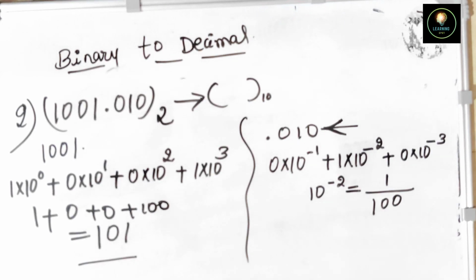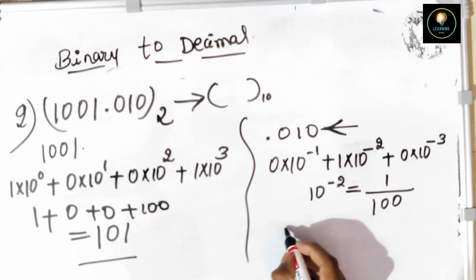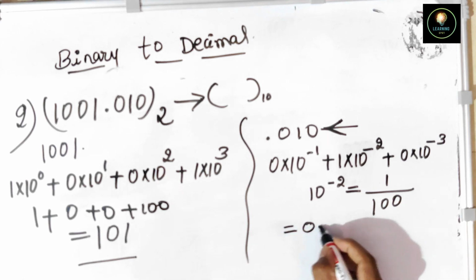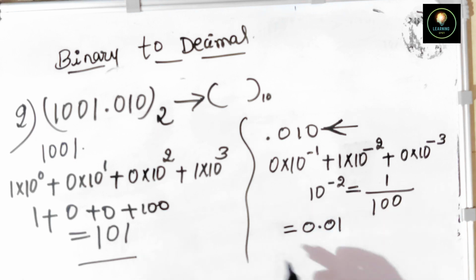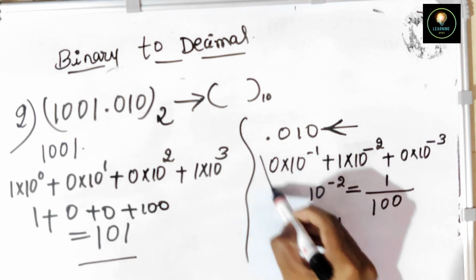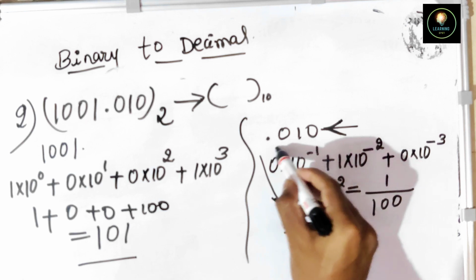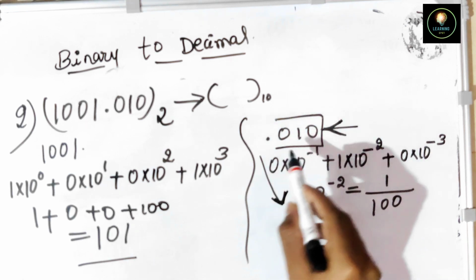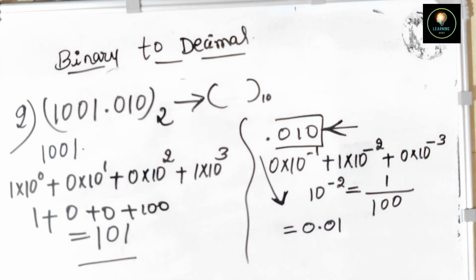So what is the value of 1 by 100? 1 by 100 is nothing but 0.01. So this is the decimal value of the binary fraction 0.010.